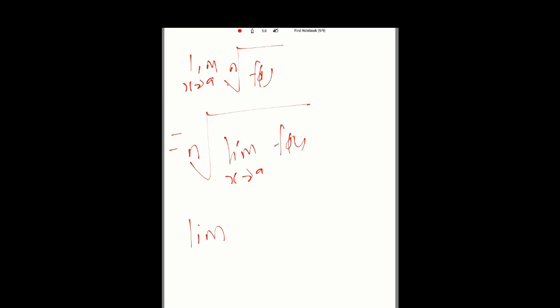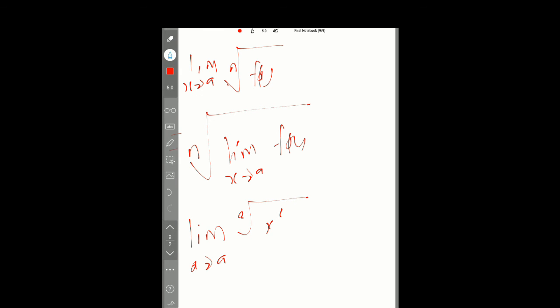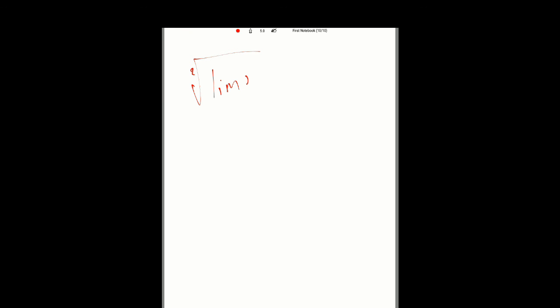So for example, let's say we're looking for the limit of the square root of x squared as x approaches 2. This property would be implying that we're looking for the square root of the limit of x squared as x approaches 2, which would be equal to, since the limit of x squared as x approaches 2 is 4, the square root of 4, which should be equal to 2.